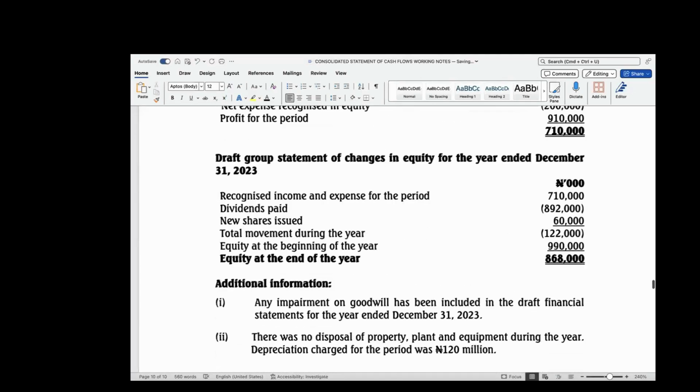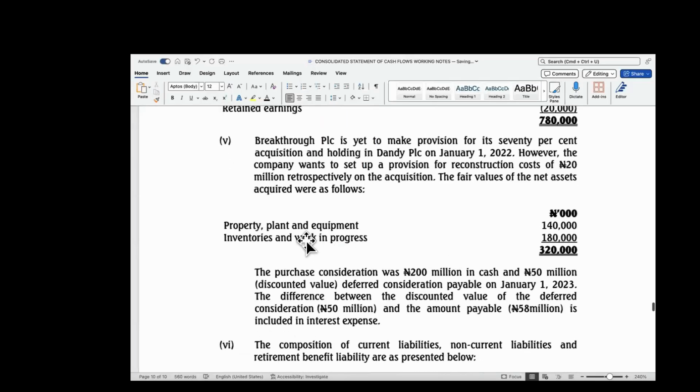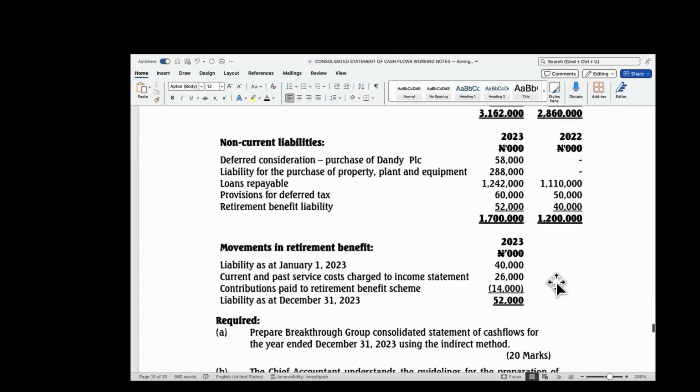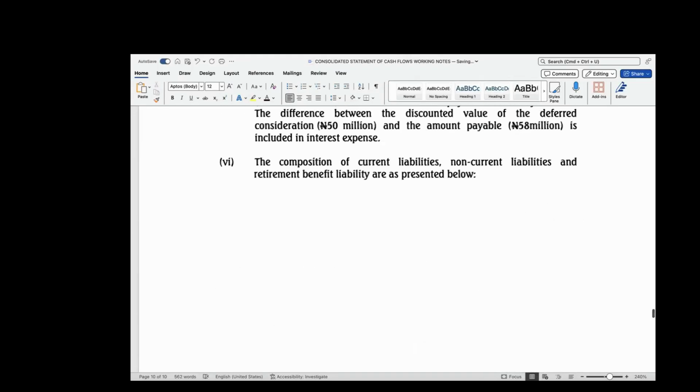Now I know that this is consolidated. I will just go and look at the subsidiary they bought. They bought a subsidiary during the year, and the PPE in that subsidiary was 140.